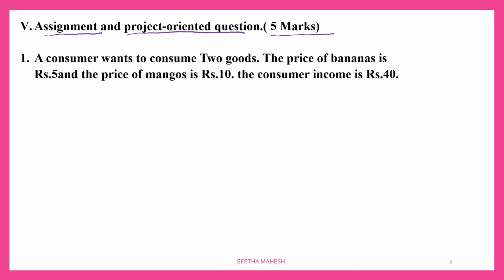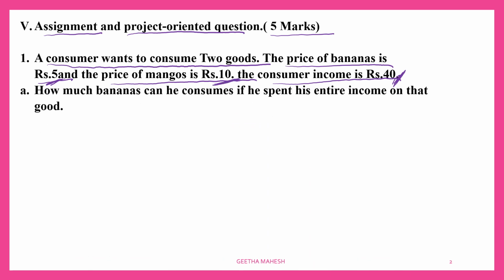Let us try to understand the question first. A consumer wants to consume 2 goods. The price of banana is rupees 5 and the price of mangoes is rupees 10. The consumer's income is 40 rupees.